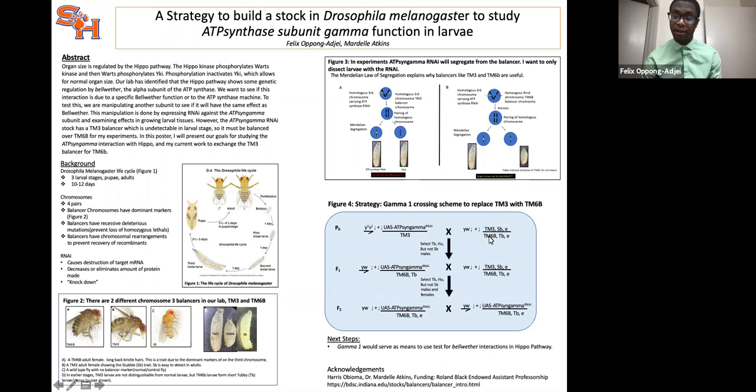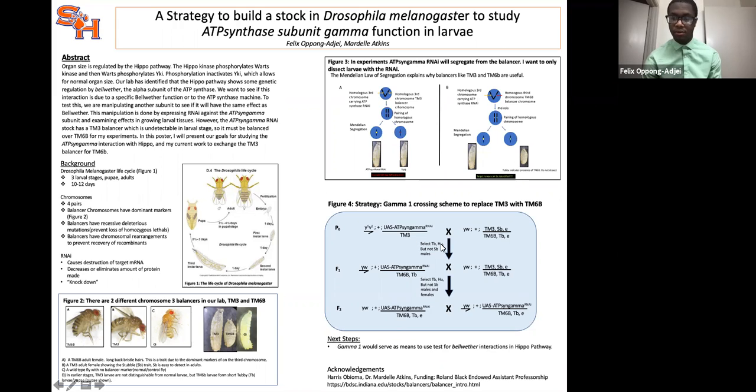So we select against TM3 by selecting for characteristics or phenotypes to look for in the TM6B larva. So we select for Tubby and humeral, because Tubby is a phenotype of the TM6B and humeral is also a phenotype of the TM6B in the adult flies. So we select for those, then we cross them back in the first filial generation in order to accommodate for the Y chromosome that was on here, that's gamma 1. So we cross them back.